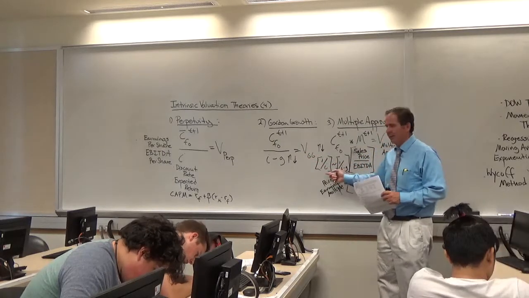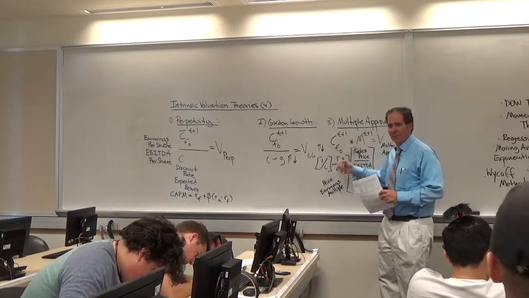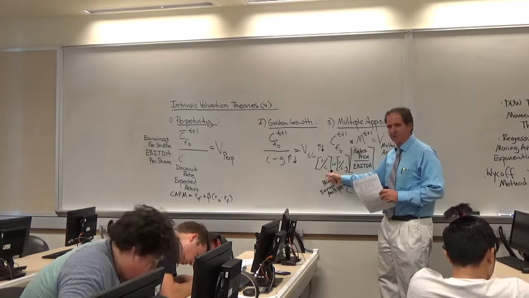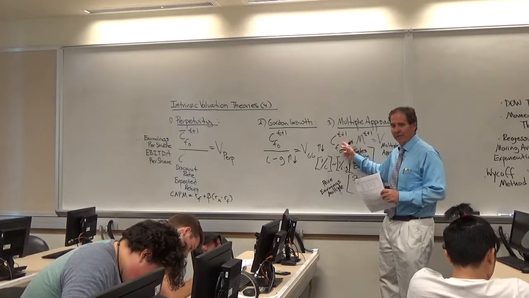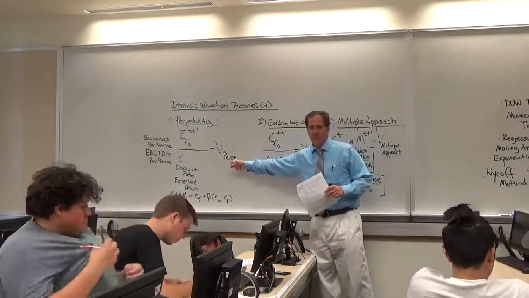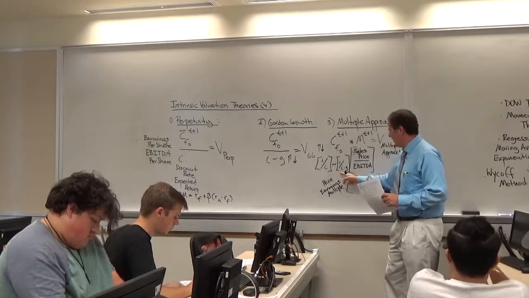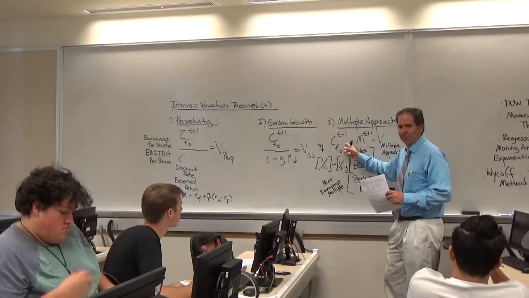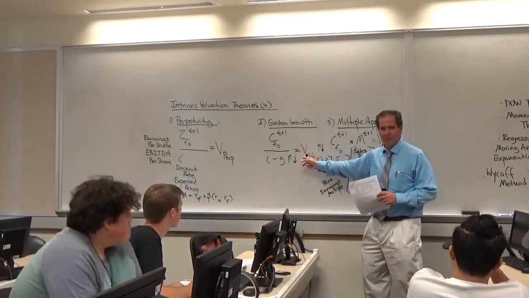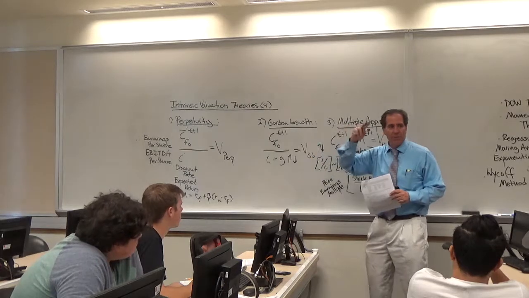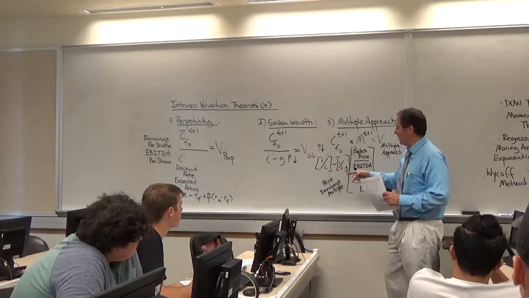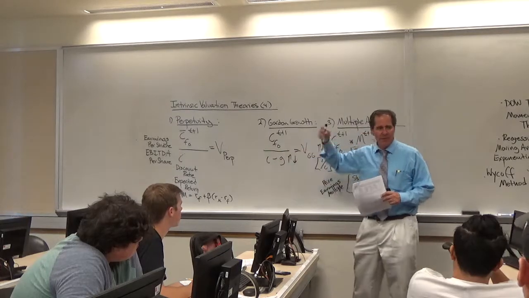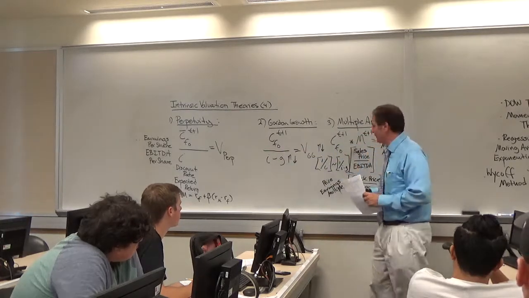And actually when I calculate the multiple approach using these as multiples, this multiple times the cash flow is going to give me the same value as the perpetuity. This multiple times the cash flow is going to give me the same value as the Gordon growth. So we do it both ways. The investment bankers do it this way. We do it this way because we're trying to teach you the theory behind it.